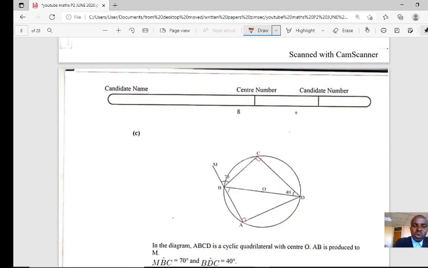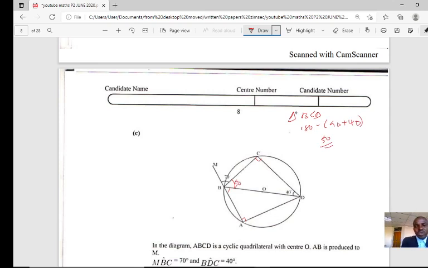First, we can find this angle here. We can use triangle CBD. Let me explain all the angles here. In triangle BCD, I can say 180 minus 90 plus 40, then I get angle CBD. So it will actually be 50 degrees here.